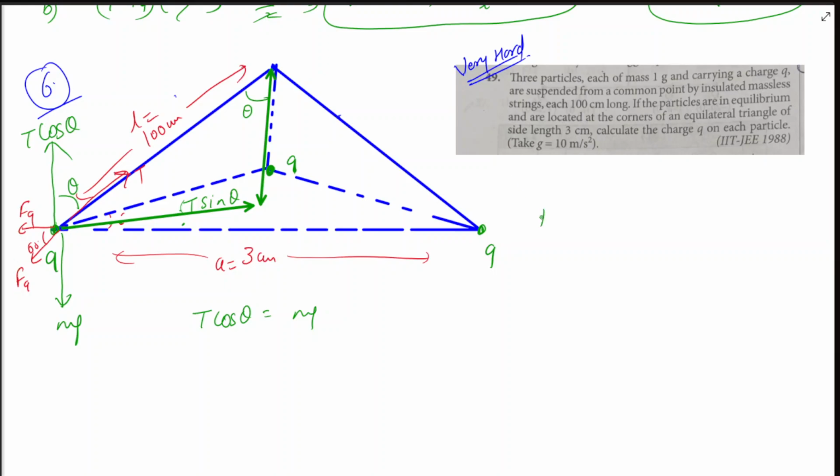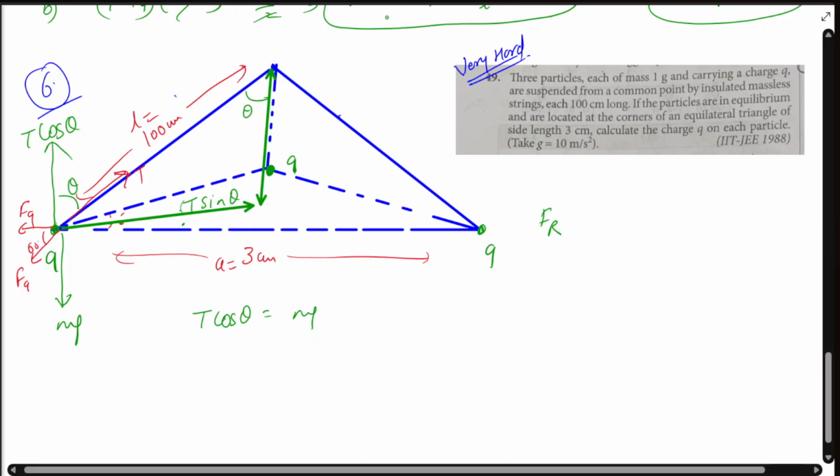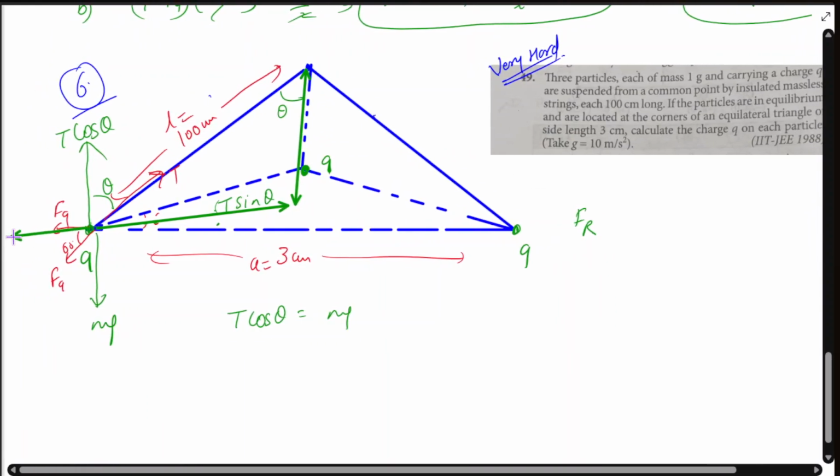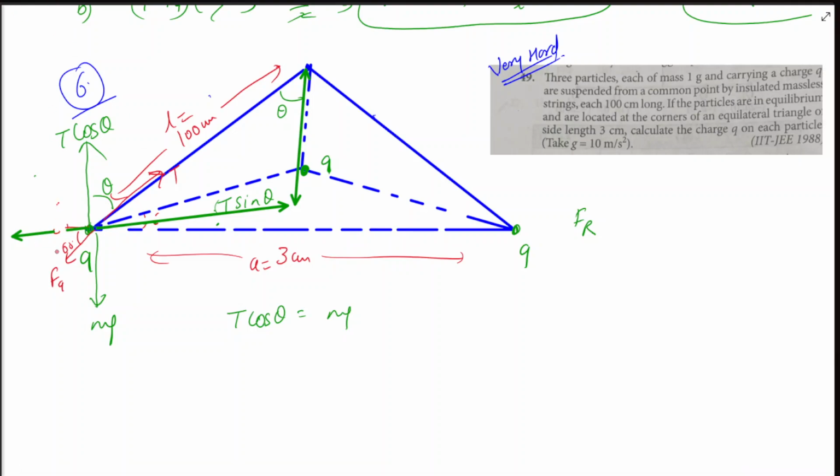So let me find the resultant Fr. It should look like this. This was our FQ, and this is Fr.